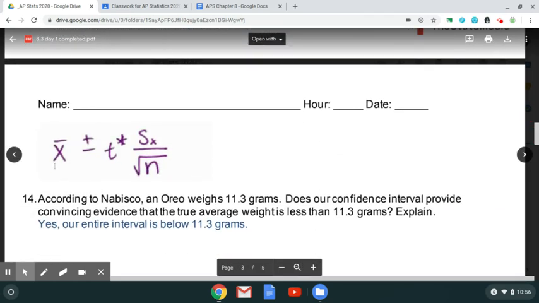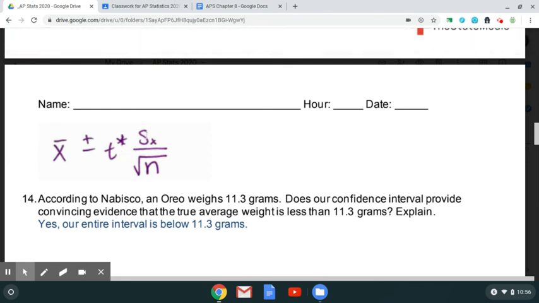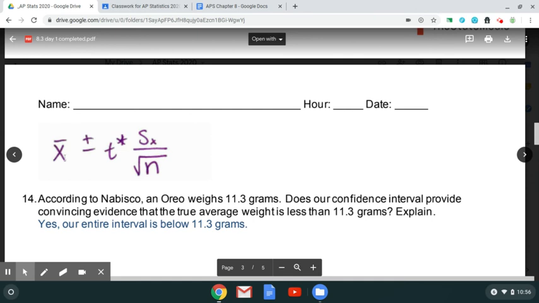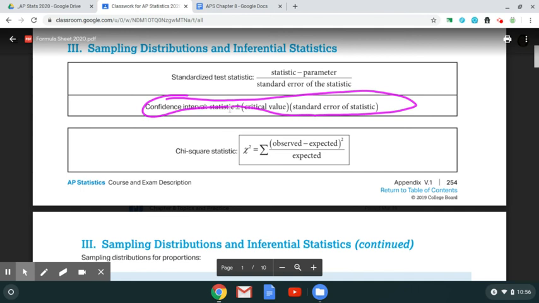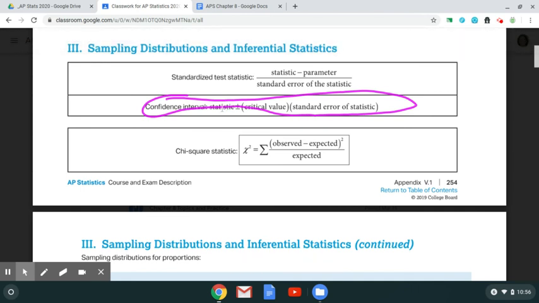So your point estimate plus or minus your critical value t star times the standard error of the statistic. So this is what you have to remember from the words. You're going to have to take these words and know that if you're doing proportion, you'll use p hat for the statistic.